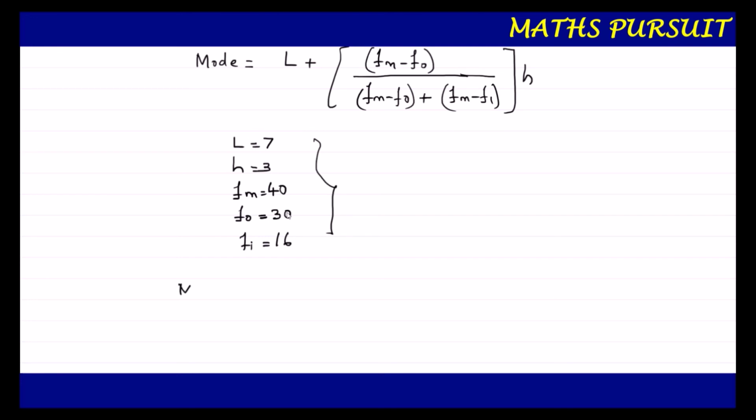Now I can write mode is equal to L, that means 7, plus Fm minus F0.